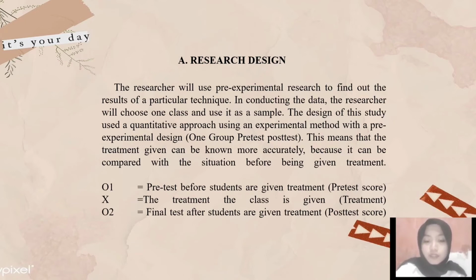After the pretest at the first meeting, the researcher will give a treatment until the fourth meeting. In this step, the researcher will use visual media illustration images as learning tools to improve students' paragraph writing skill. And at the last meeting, the researcher will give a post-test to determine the improvement of students' writing skill.